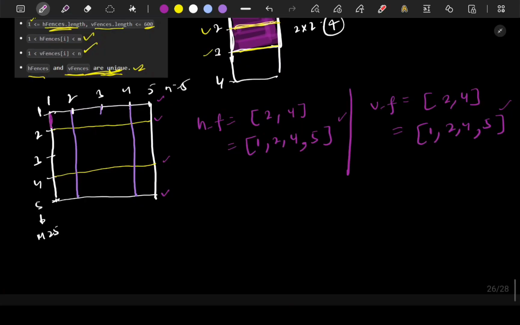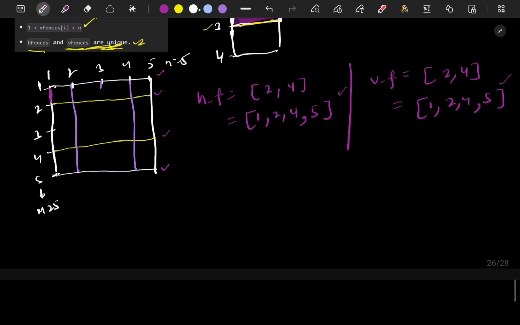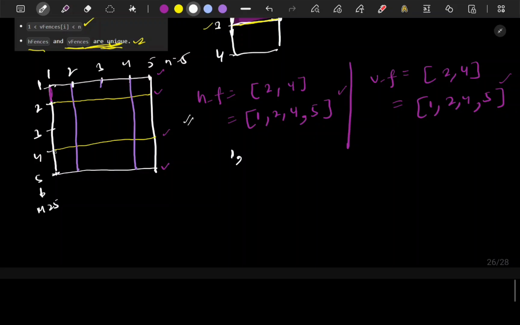Okay, now if you have to get the sides, what are the possible side lengths provided by horizontal fences? If you do the subtraction, 2 minus 1 will be 1, one length possible, right? We are not having any fence at 3, but we have a fence at 4, and 4 minus 2 will be 2 length, which is this one.